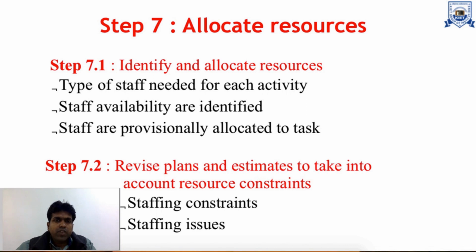That means according to the different modules or teams, we'll have to divide these staff and allocate the resources accordingly. Next, step number 7 is revise plan and estimate to take into account resource constraints. If there are staffing constraints or staffing issues, then we can eliminate them accordingly.